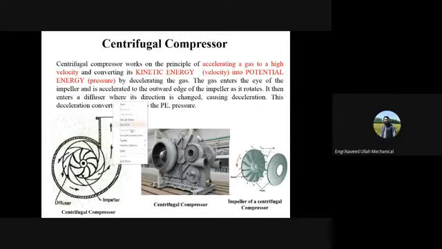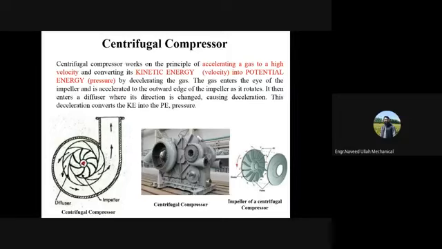Let me have this pointer over here. I don't have that. Right, so these curved vanes are basically known as impeller blades. This is the impeller, you can see this one, right? This is the eye.